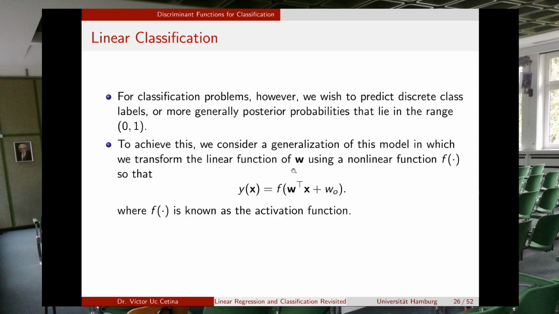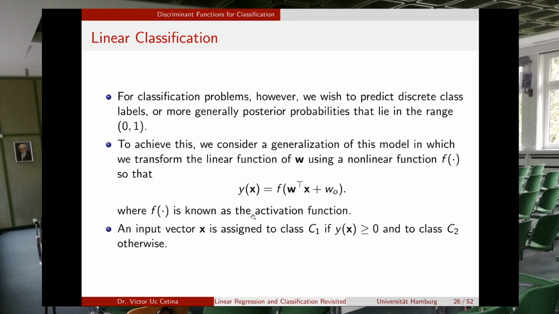This function, especially in the neural networks field, is known as the activation function. In our logistic regression problem, we used the sigmoid function. So this f would be, for example, our sigmoid function, and this expression inside, where w is the vector of parameters, x is the input vector, and w0 is the bias, would be our polynomial.